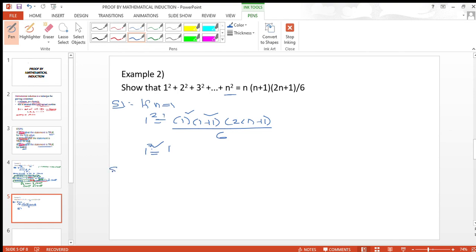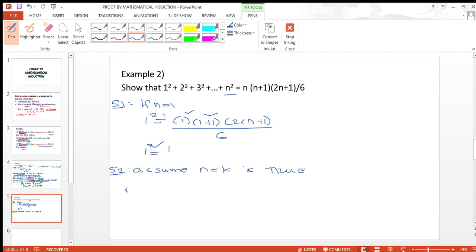Step 1 is done. Step 2, we assume n equals k is true. So assume that n equals k is true.